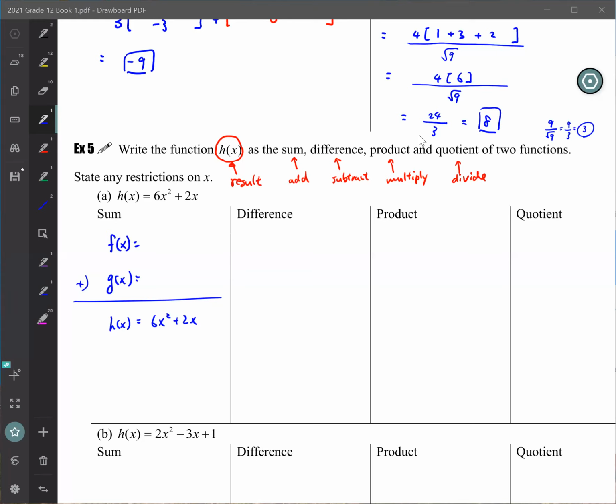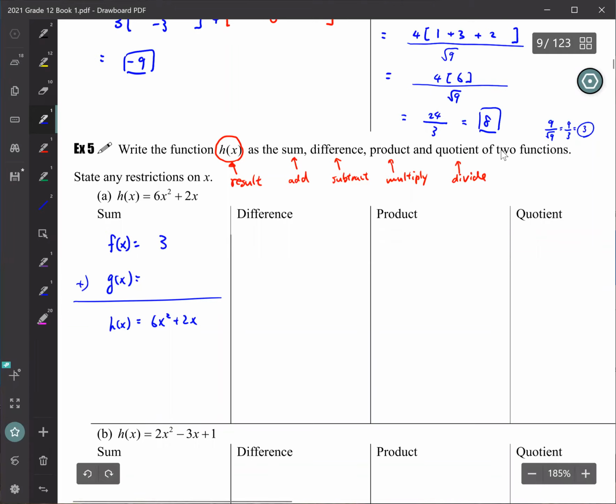Can you turn your mic on? 2 for f, 3 for g. Does your mic work? Oh, charging. Okay, 2 for f, 3 for g. So like this, 2 and 3. Is that what you mean?